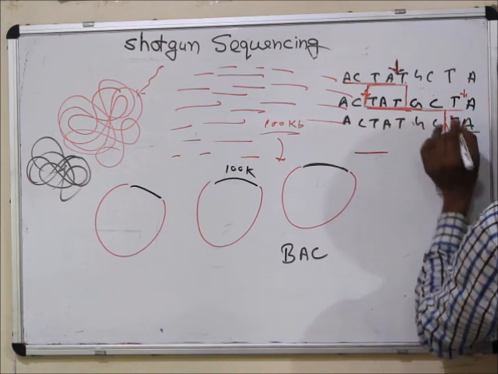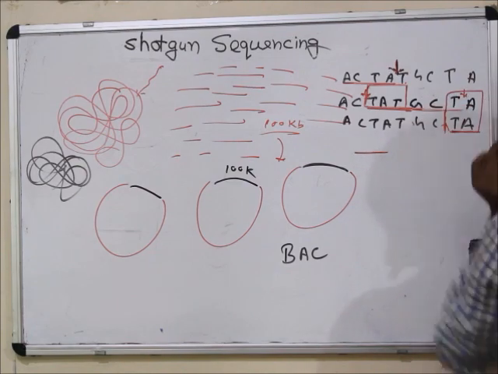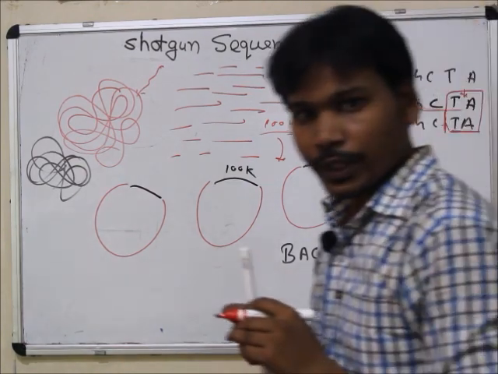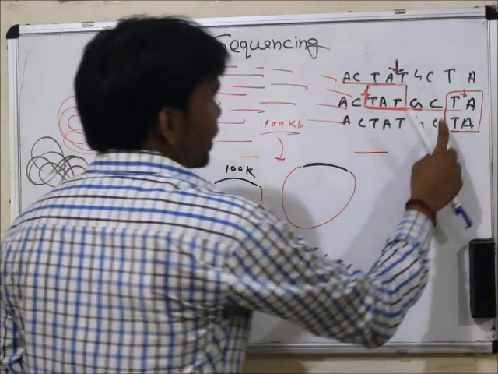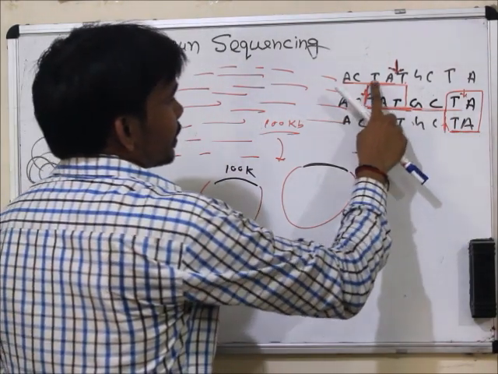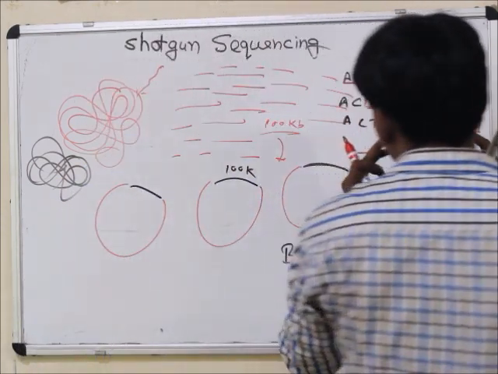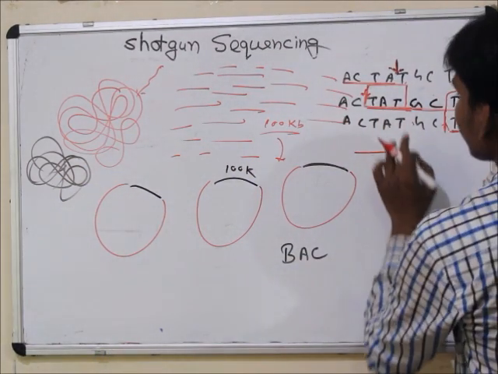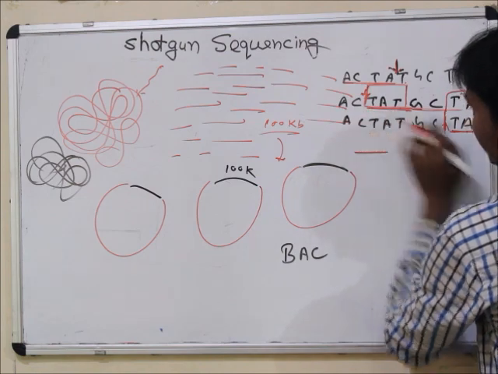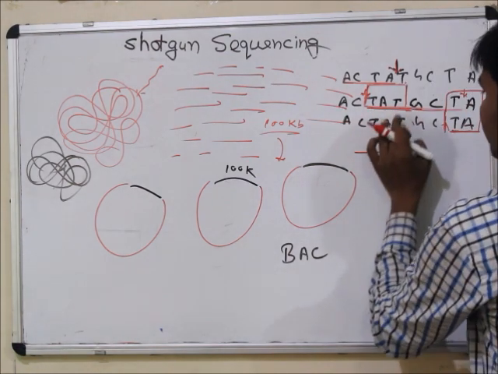So you will point out that in these sequences there is matching, that is TA, TA, TAT, TAT. So at the time of alignment, the sequences will align and contig formation will take place this way.